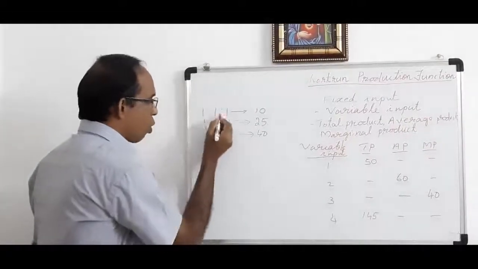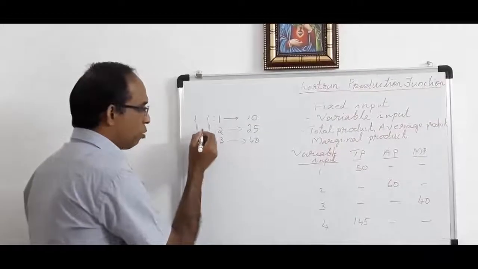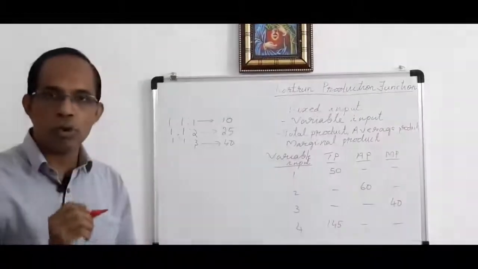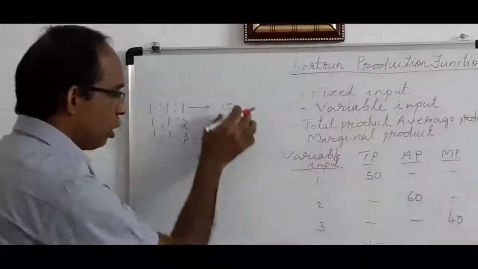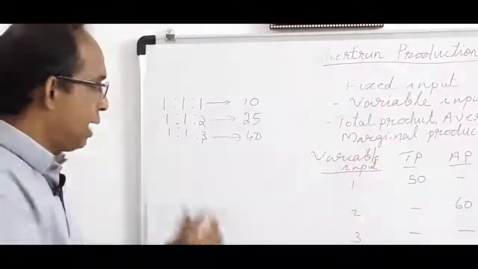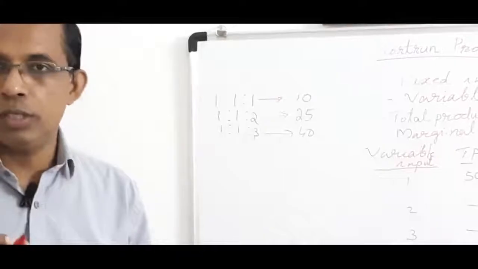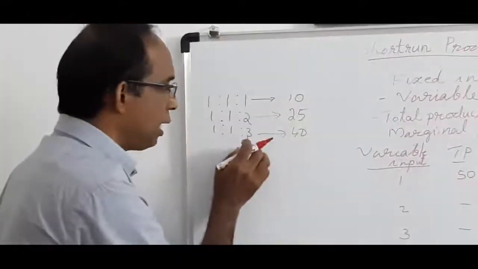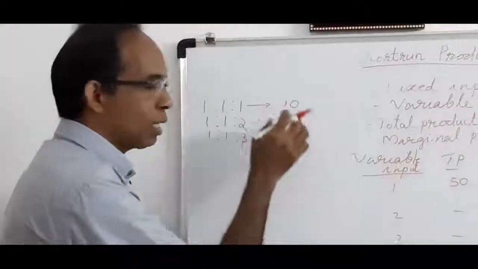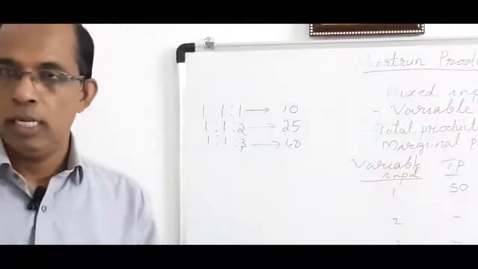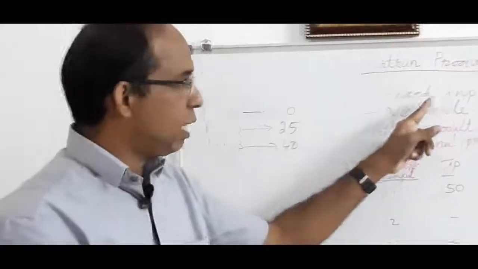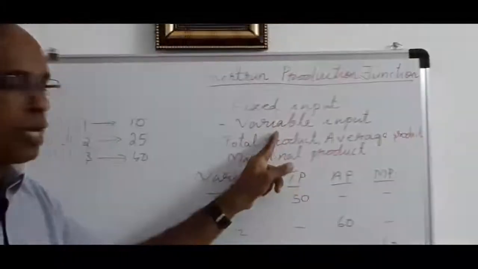These 2 are called fixed inputs, because the quantity remains constant irrespective of outputs. And this input is called variable inputs because the quantity is varied in order to increase or decrease the level of outputs. So in the short run there are fixed inputs and variable inputs.